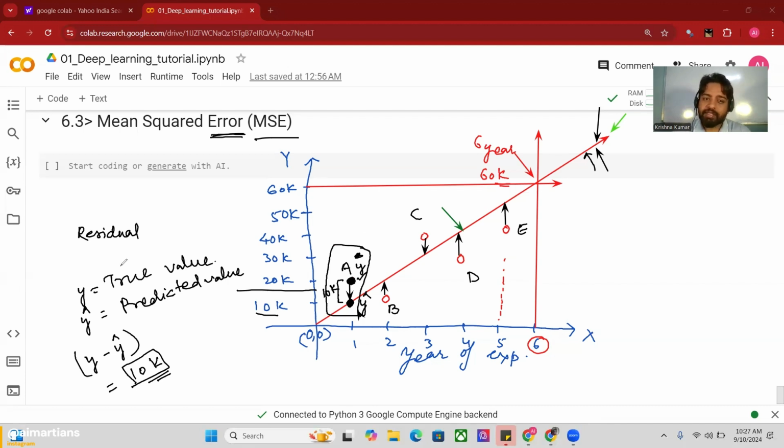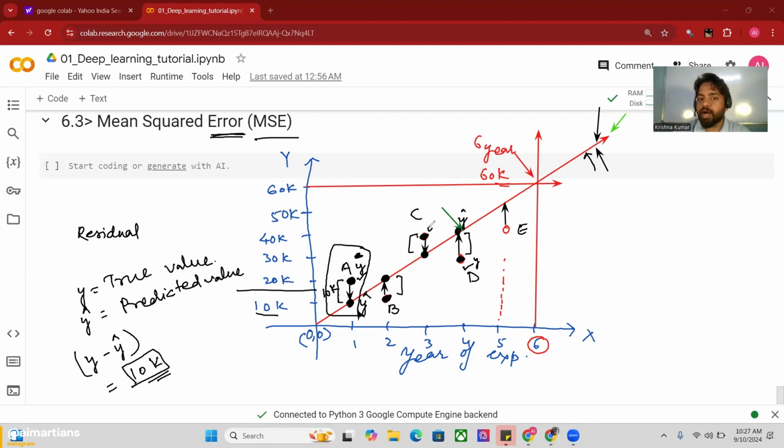Similarly, if I calculate the loss between this and the actual value, which will come somewhere on this line, the gap between these two is also called residual. The gap between the actual value Y and the predicted value Y cap is the residual.